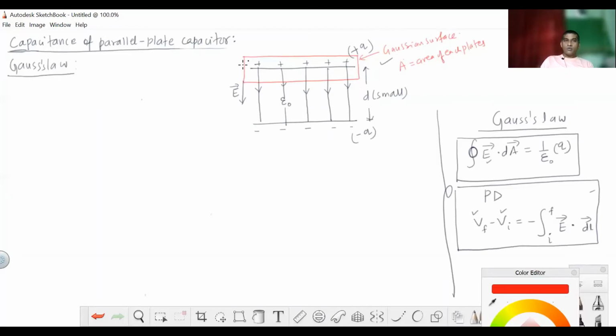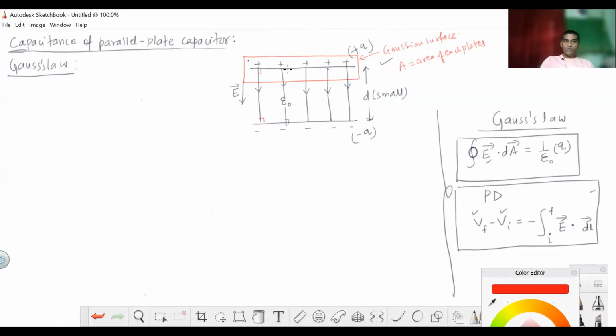Now the Gaussian surface contains charge. We find electric field lines are leaving the positive plate normally and are entering or terminating on the negative plate normally.